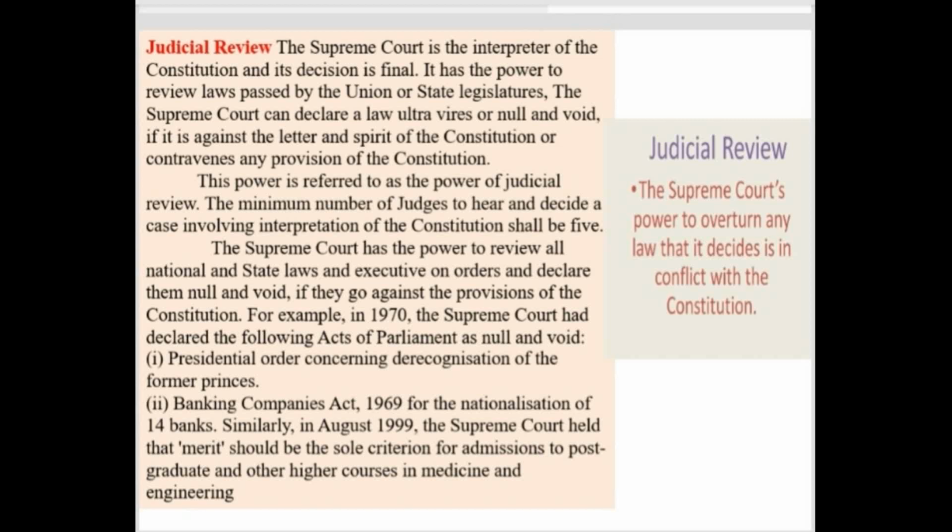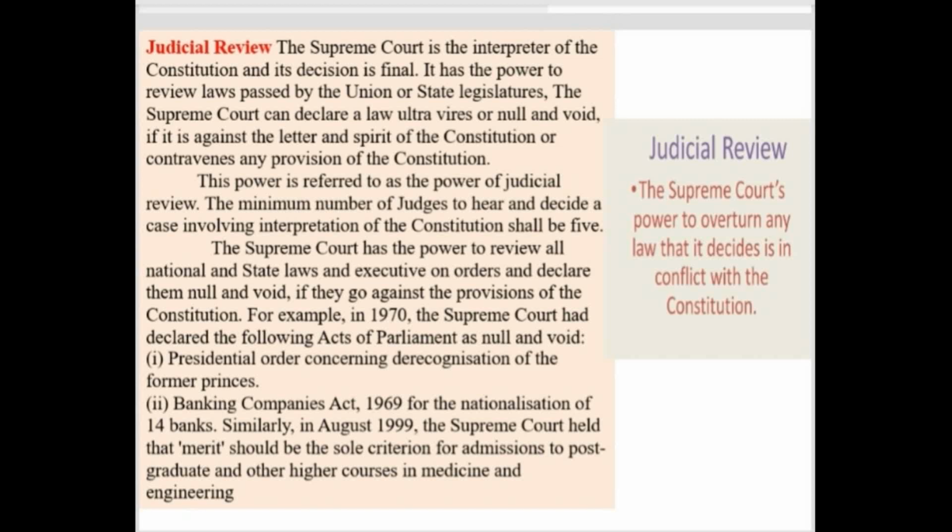And see, it will not simply take up the law and dismiss it. It is not like that. Generally judicial review is not exercised by Supreme Court on its own. If somebody takes active participation and files a case against any law, then the Supreme Court will take up such cases under judicial review and try to review the laws.